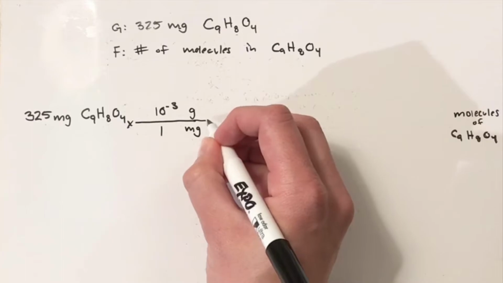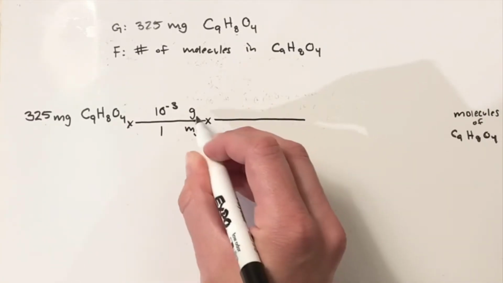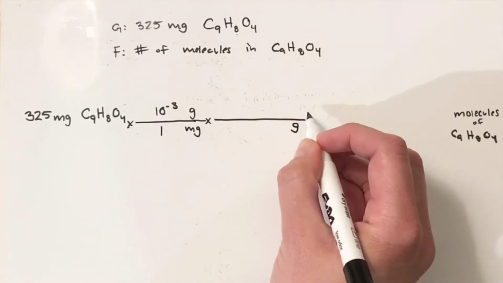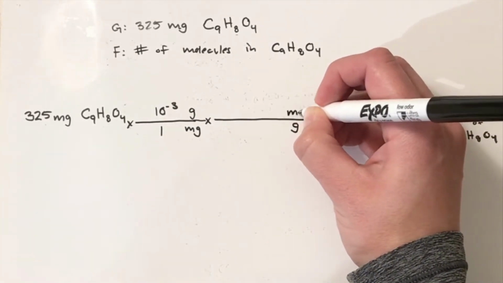All right, times grams. So we know grams have to be on the bottom right here. And what can grams be equivalent to? Grams can be equivalent to moles.